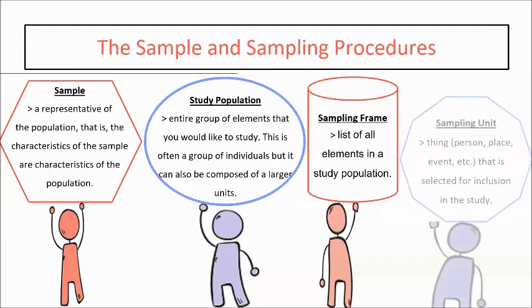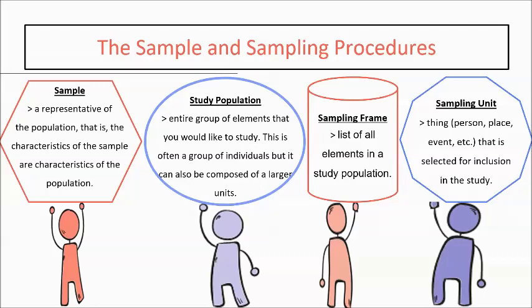The list of elements. And a sampling unit can be a person, place, or event that is selected for inclusion in the study. For example, if you are sampling high school students, your sampling unit would be one only, because it is senior high school students only. If you say students, there are many kinds.